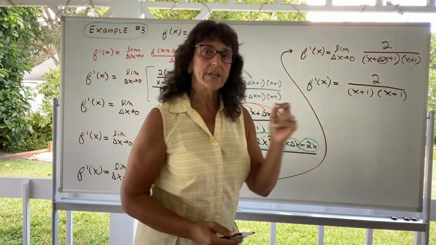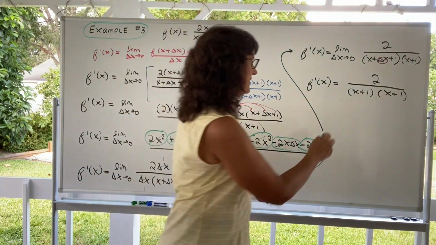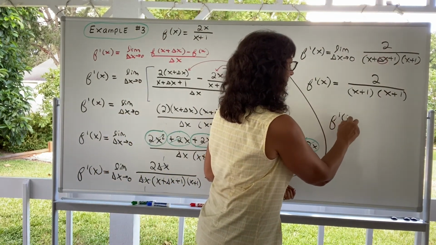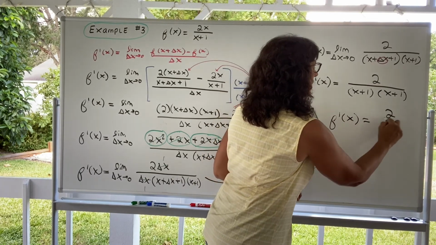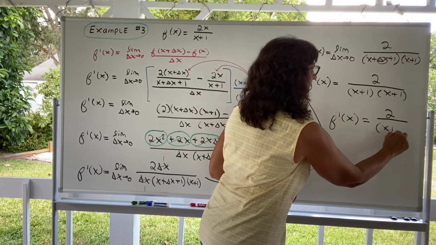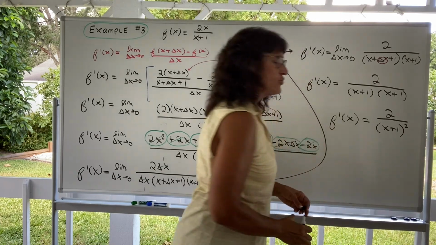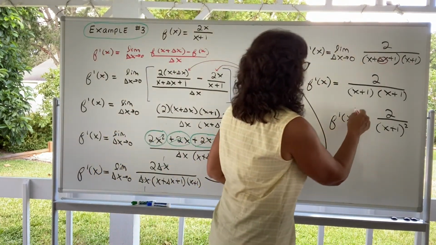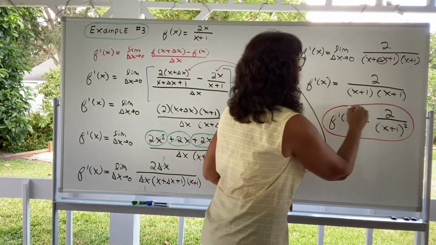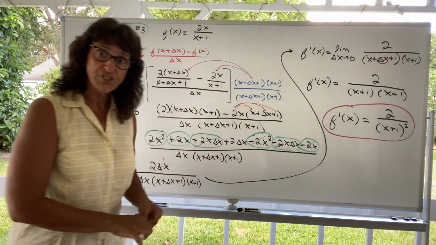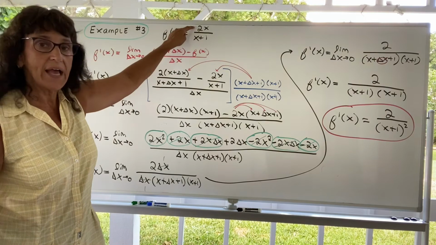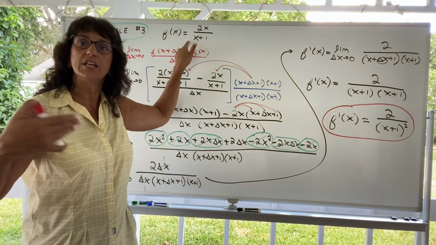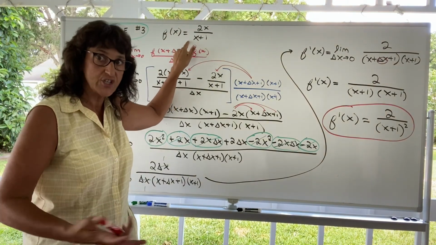Because I do have a common factor represented twice in the denominator, I can also write my answer as 2 over, and then in the denominator, x plus 1 quantity squared. So here is the derivative. Here's the derivative that we're looking for. All right, so given the function 2x over x plus 1, we had to compute the derivative, its rate of change equation.